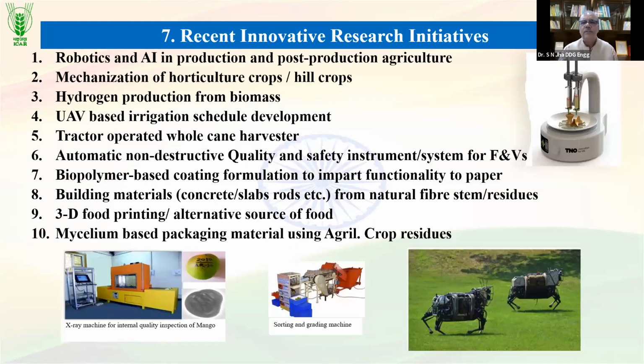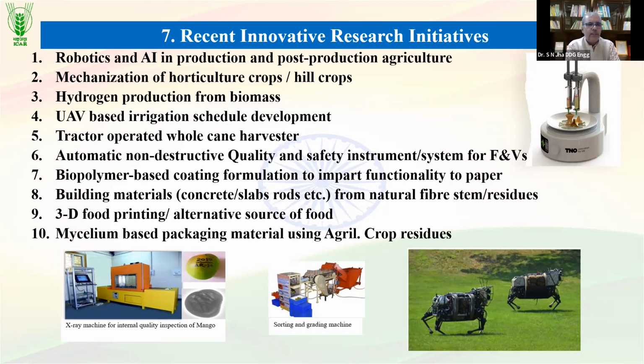Then recent initiatives in research: robotics and AI in both production and post-production agriculture. We have already taken many initiatives. Mechanization of horticulture crops, keeping in mind the hill crops, hydrogen production from biomass, UV-based irrigation seedling system development, tractor-operated whole cane harvester, automatic non-destructive quality and safety instrument system for fruit and vegetables.